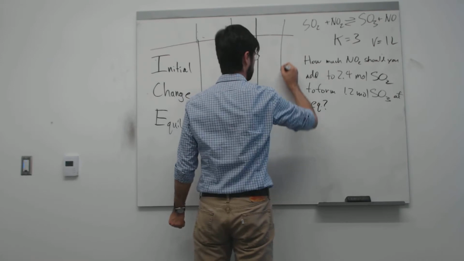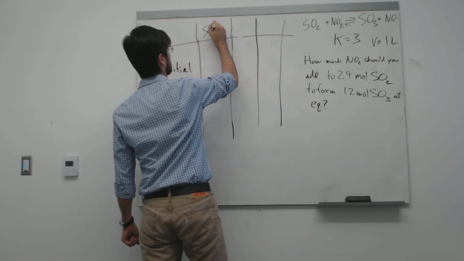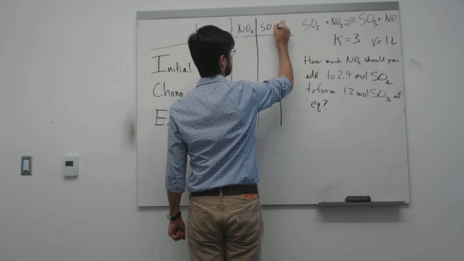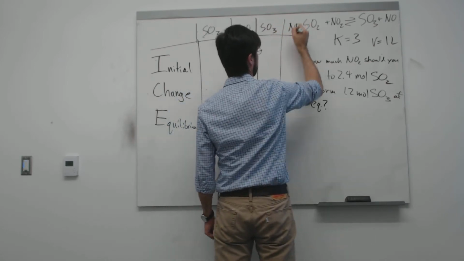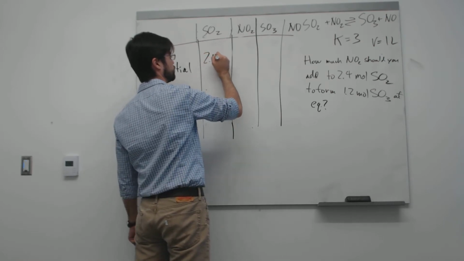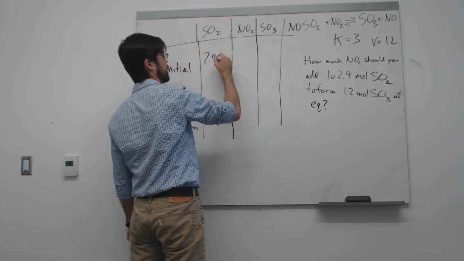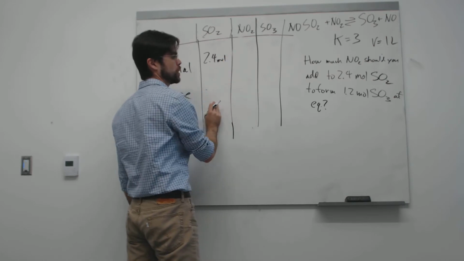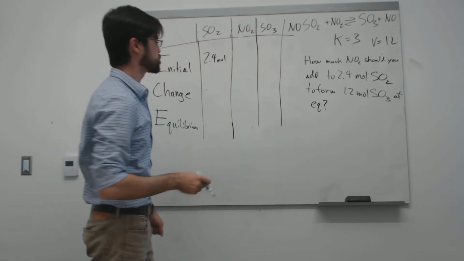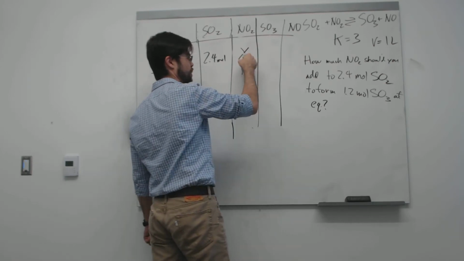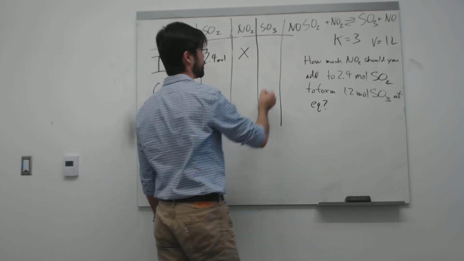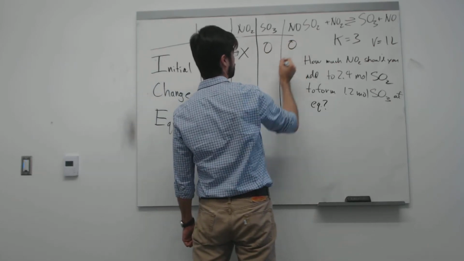So I'll set this up. I have SO2, NO2, SO3, and NO here. I know I'm starting with 2.4 moles of SO2. I don't know how much nitrogen dioxide I'm starting with. That is my unknown, x, what I want to determine. I do know that I'm starting with no products.